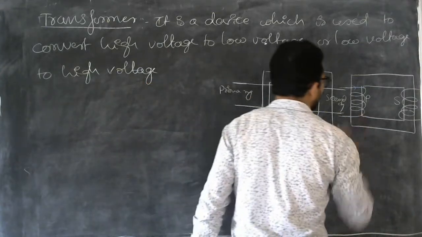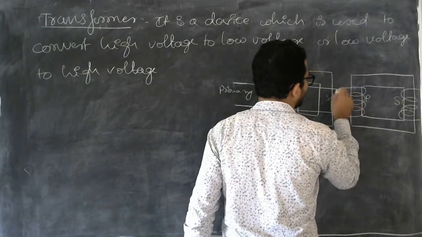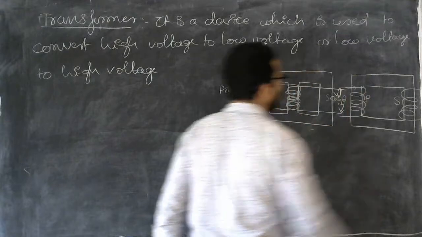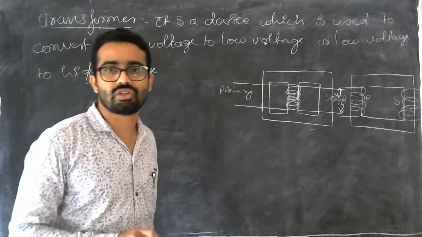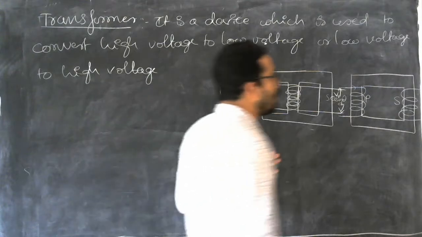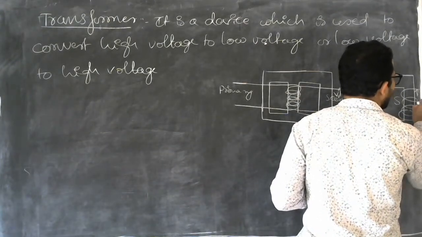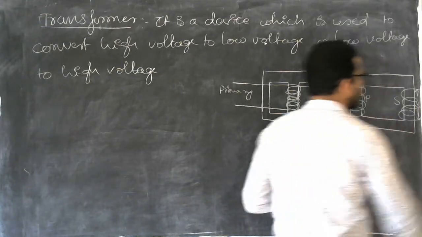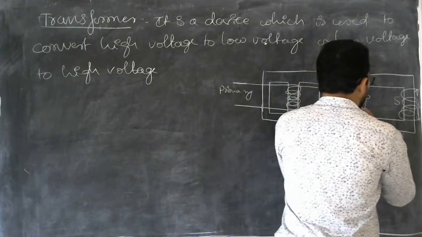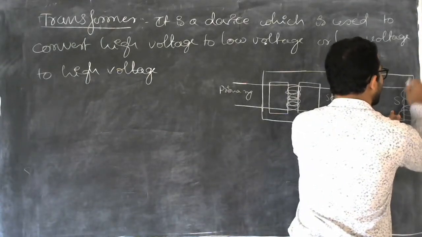Now, back EMF is induced. Let's say the supply voltage is VP. VP is the voltage supplied to the primary end. The voltage that we can receive from the secondary coil can be written as VS. The EMF induced due to the changing magnetic flux in the secondary can be written as ES.